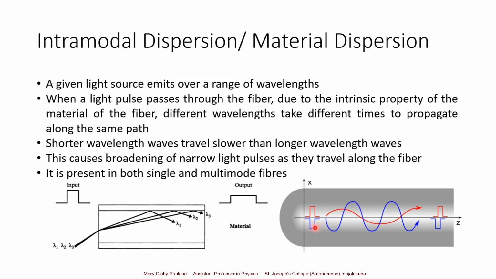So here, when the violet ray and the red ray contained in that white light pulse are propagated at the same time through this optical fiber, they will take different paths and emerge at different times at the output of the fiber. Okay. This dispersion is called intramodal dispersion or material dispersion or chromatic dispersion.